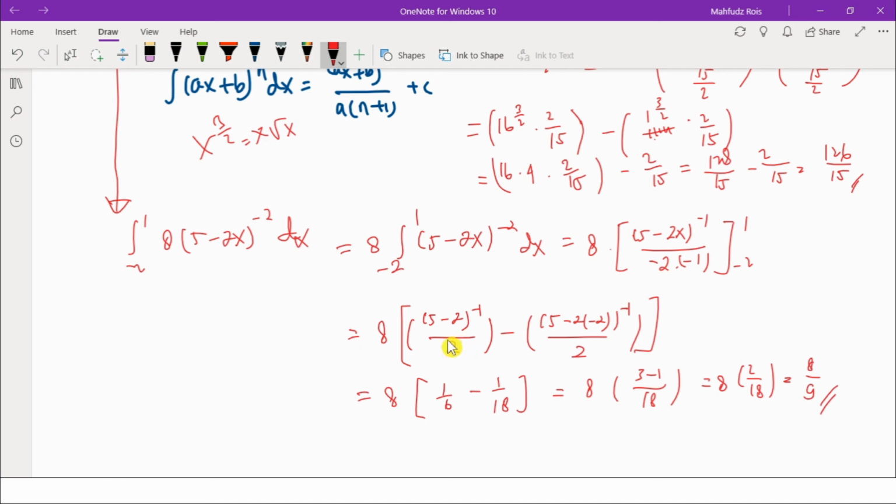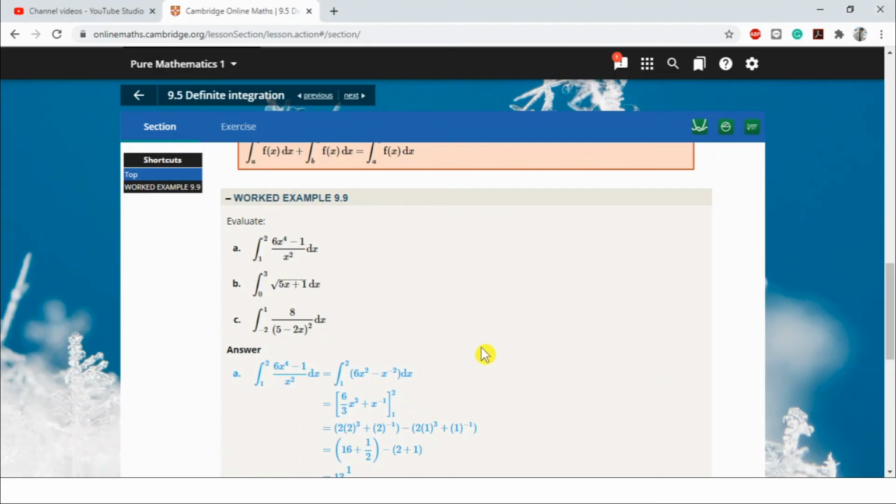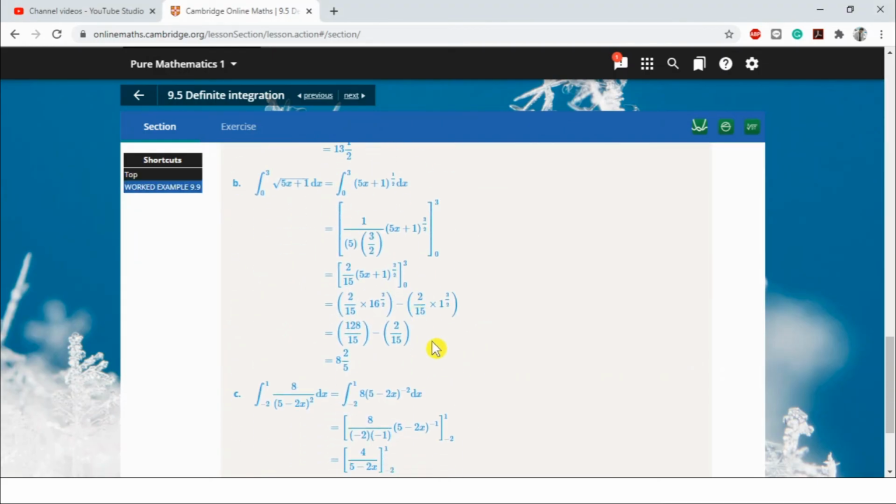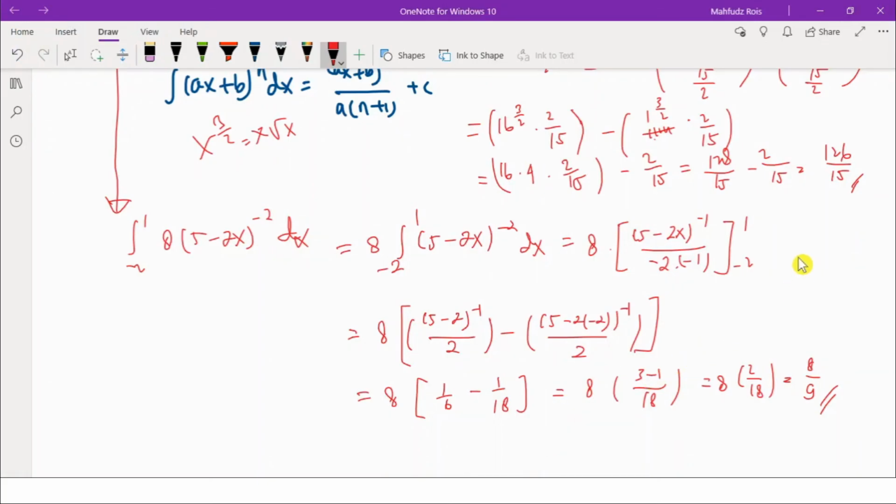Let's check the solution. Same, that one, it is 42 over 5 for B, yeah, maybe if we simplify this, it will be 42 over 5, because if you multiply 42 by 3, it's 126 on the same.